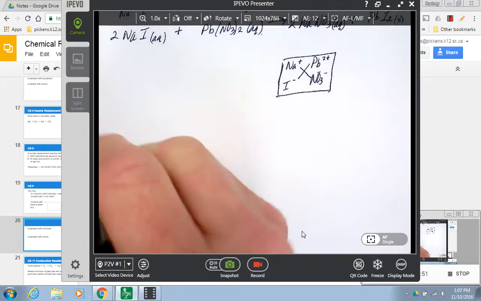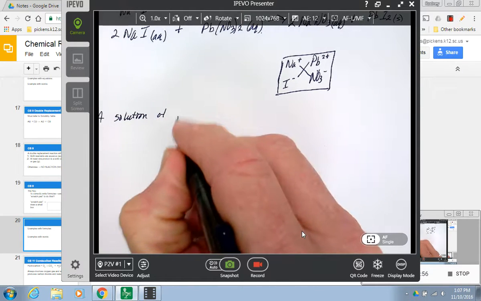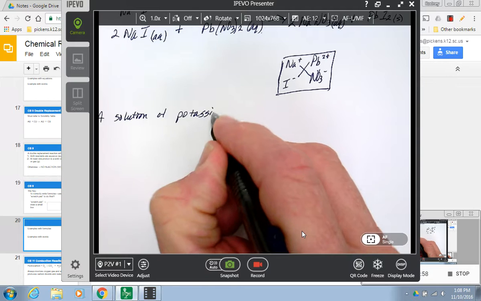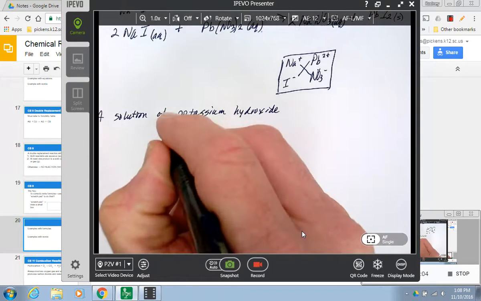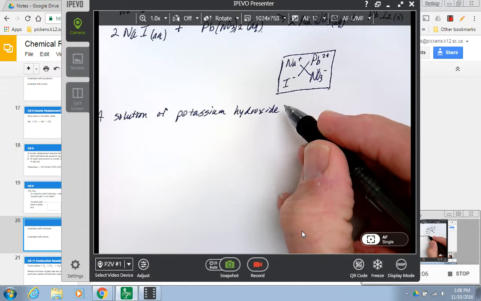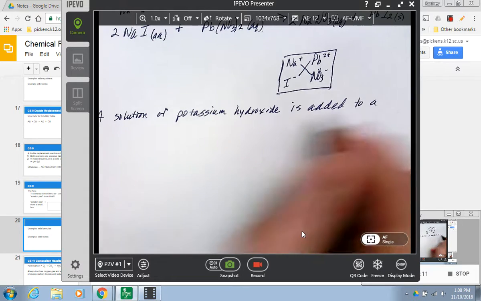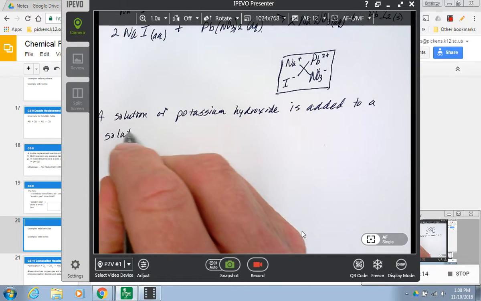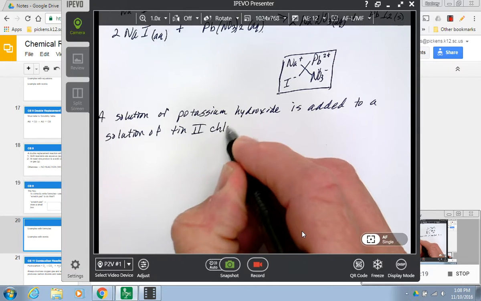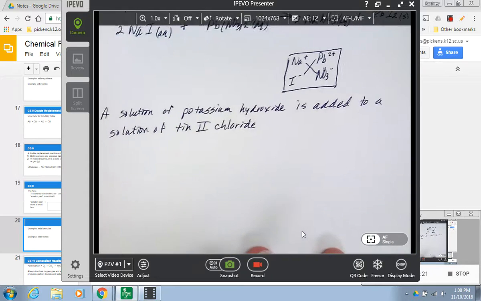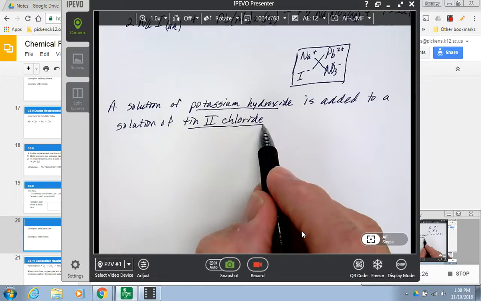Let's say a solution of potassium hydroxide is added to a solution of tin-2 chloride.